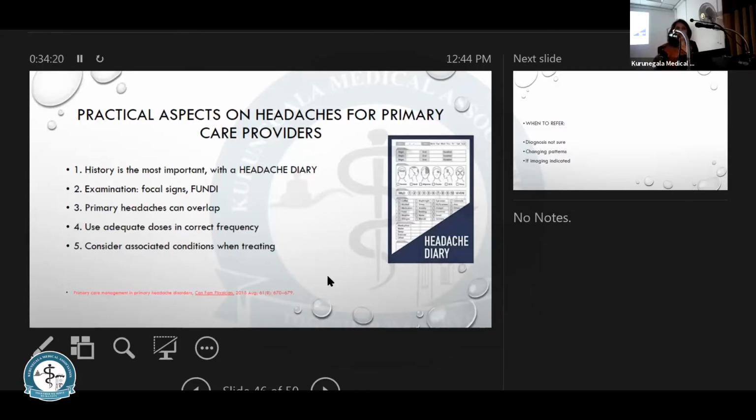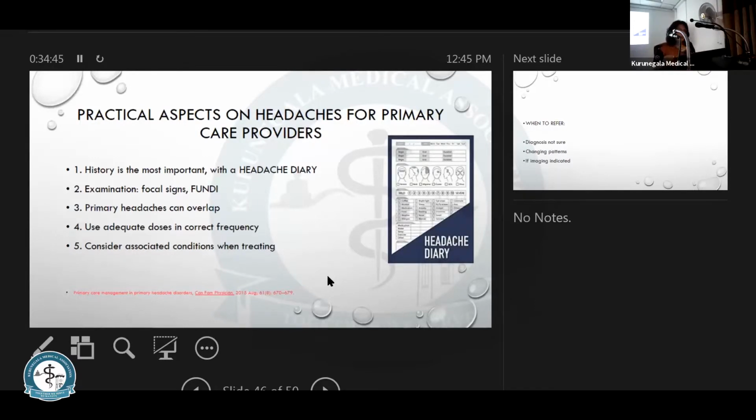So please look at the fundi, especially when the patient tells you that the headache is not responding to your conventional medication, or if the headache was initially responding and then they are getting a different kind of headache. Always re-examine the patient, go back to the history, examine the fundi and document what you saw.